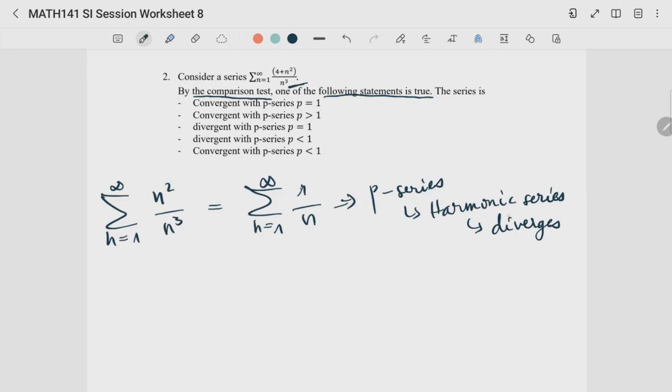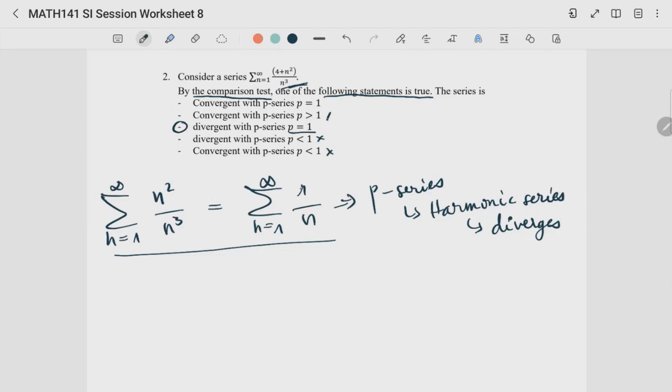So immediately, since this series diverges, we can conclude that the original series given to us is also diverging by the comparison test, because we have the p-series where p is equal to 1. So that's the correct option here.